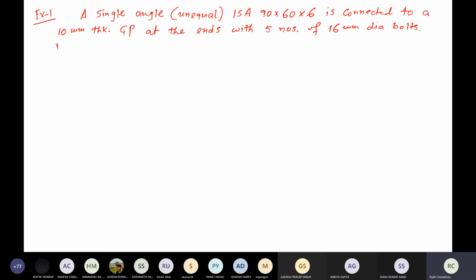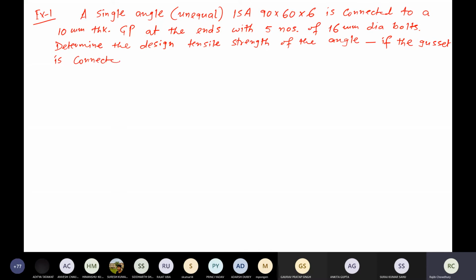Now, what is the statement of the problem? Determine the design tensile strength of the angle which has been connected, if the gusset plate is connected to the 90 mm leg of the angle.